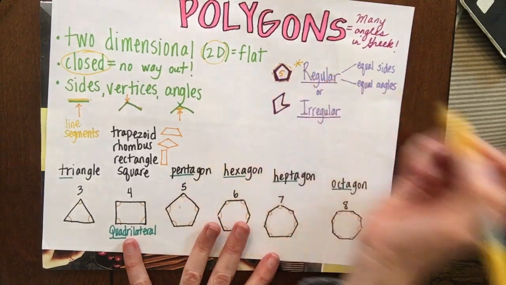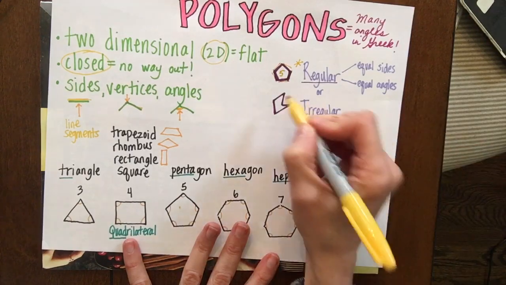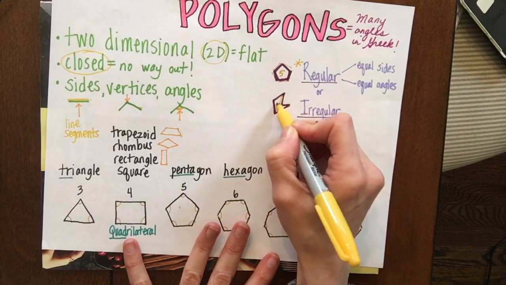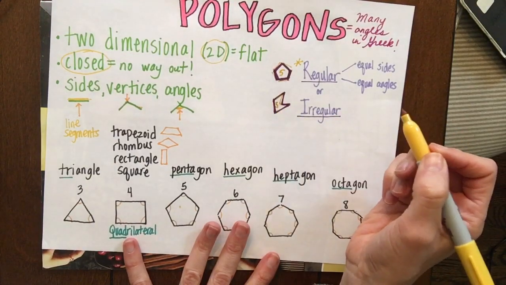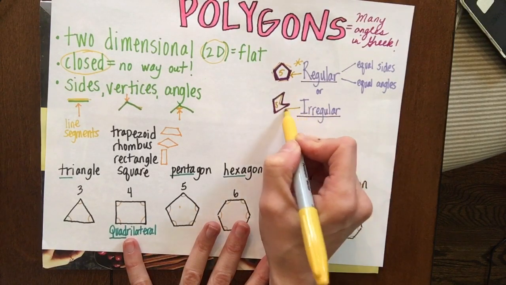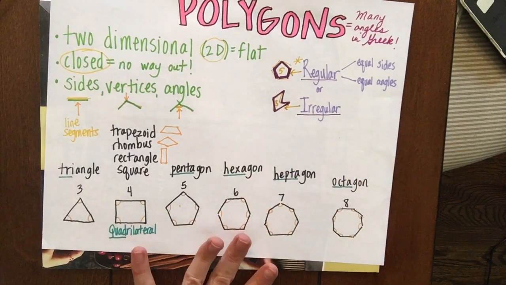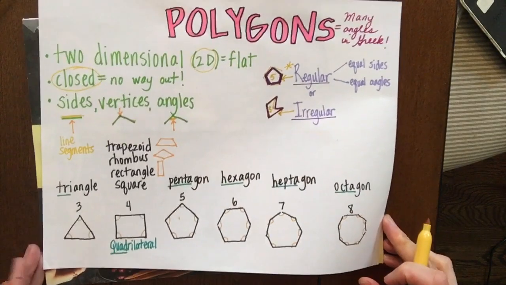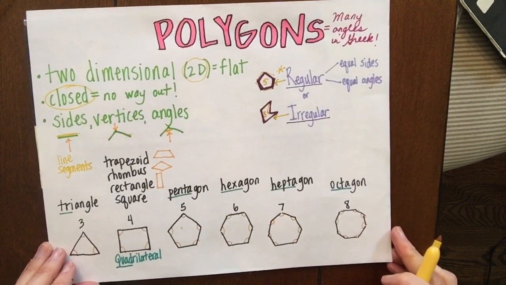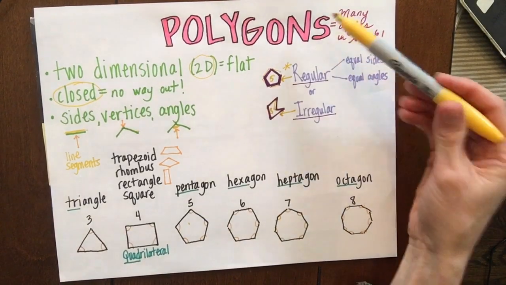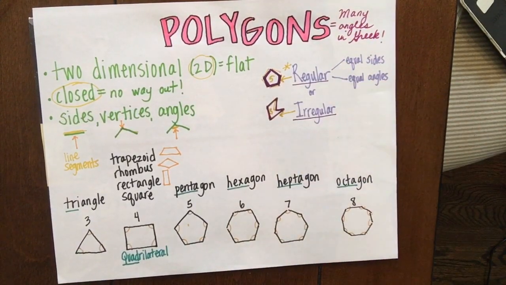It is a pentagon. This also has 1, 2, 3, 4, 5 sides and 5 angles. It is also a pentagon. This is a regular pentagon and this is an irregular pentagon. Okay, so they're both pentagons, but you can see that depending on if these sides and angles are equal, that determines whether it's classified as a regular polygon or an irregular polygon.